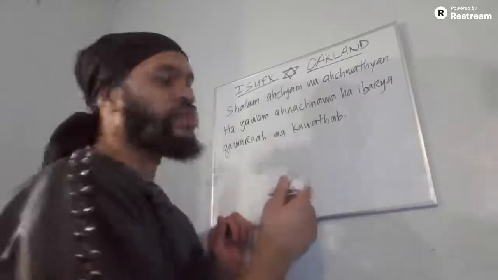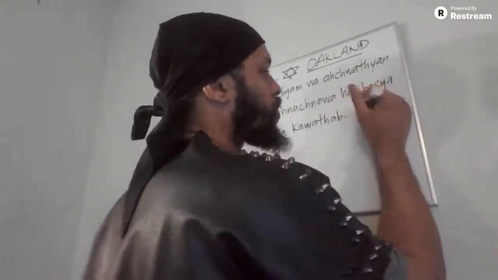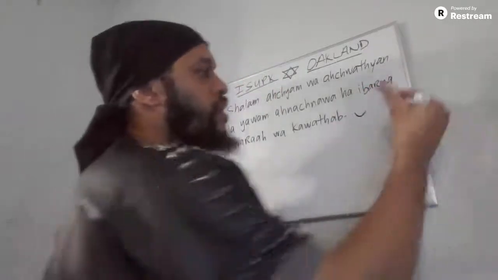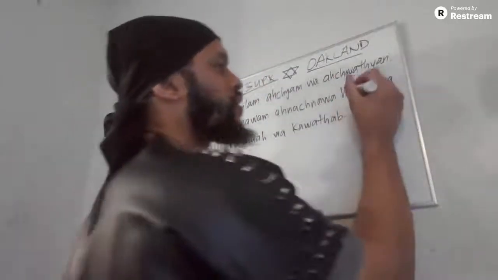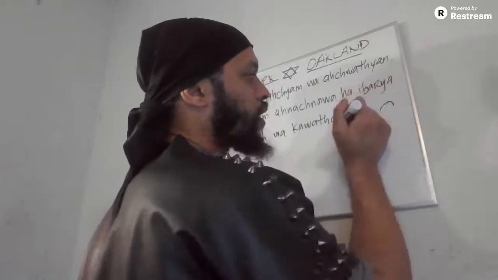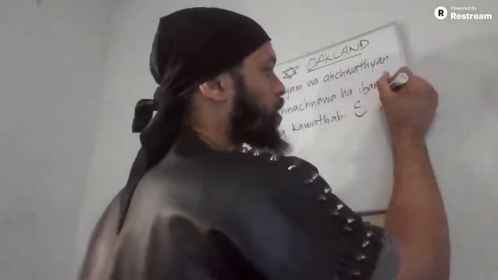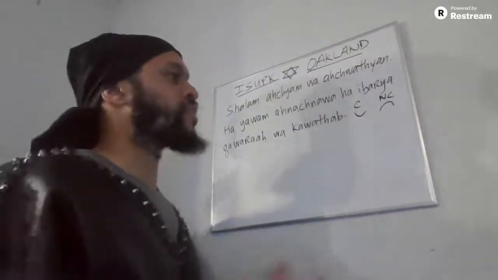One, Hebrew has a connector system. When a word is connected, it looks like a smile, and when a word is not connected, it looks like a frown. I put a C for connected and an NC for not connected, which just means it stands alone. It makes its own sound.